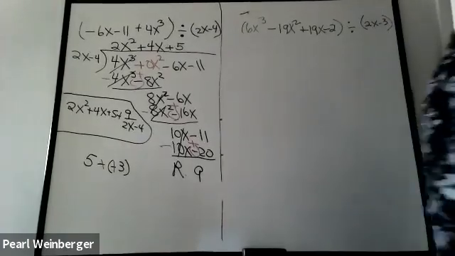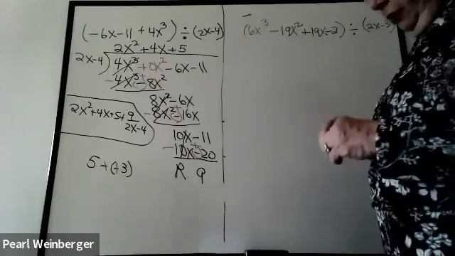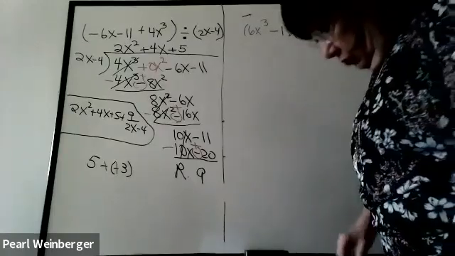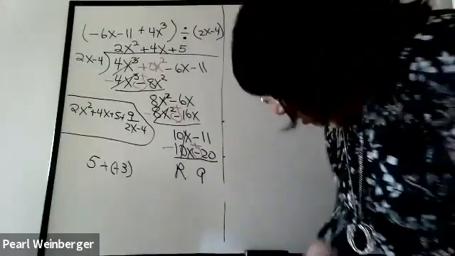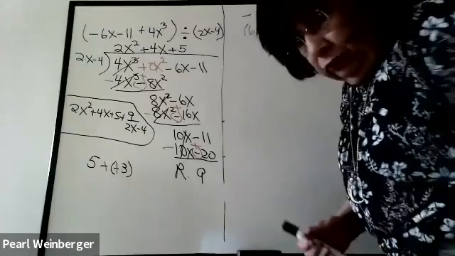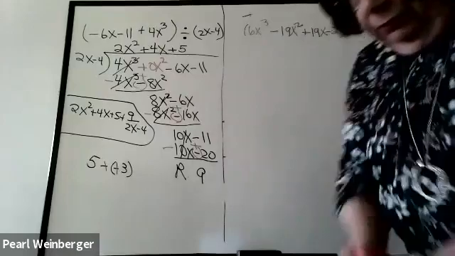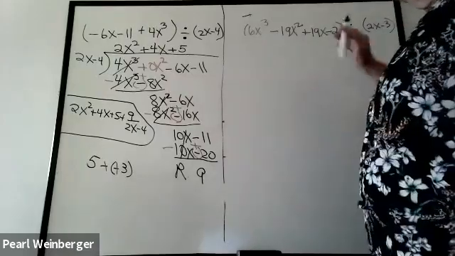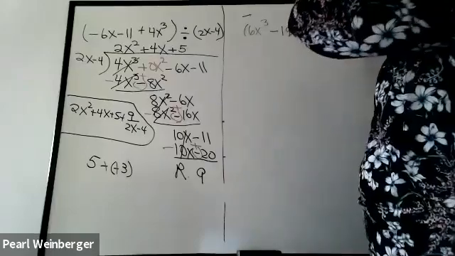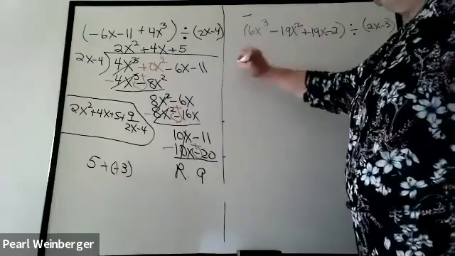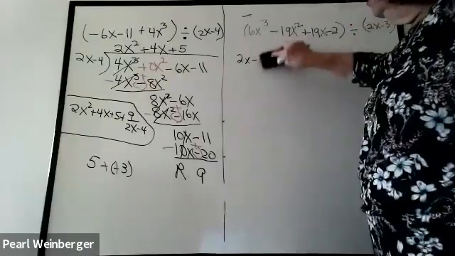Okay, so what we want to do is set it up like a long division example, because it is actually 4 terms divided by a binomial. So we're going to put the 2x minus 3 on the outside.